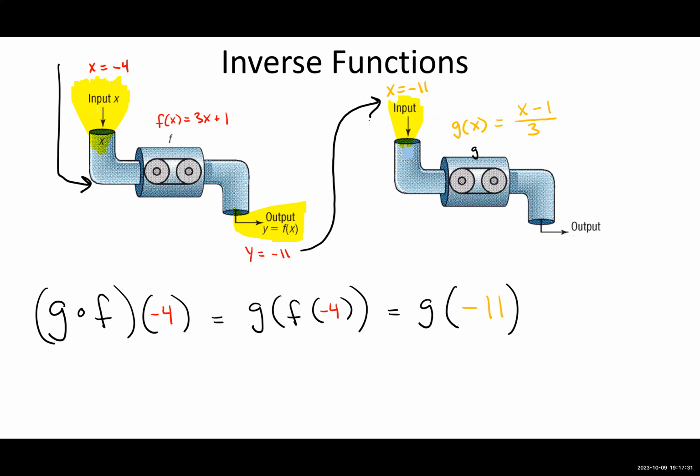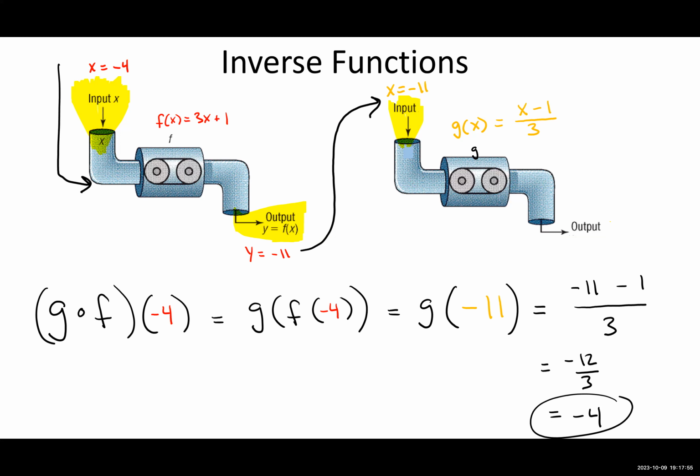So if we plug in -11 into the g function, that's -11 minus 1 divided by 3, which is -12 divided by 3, which is -4, exactly what we started with.